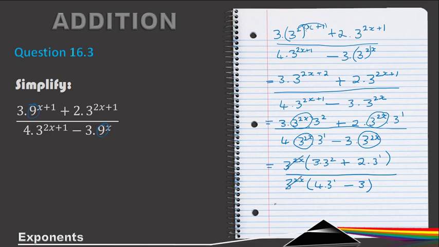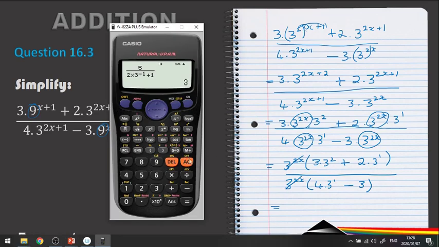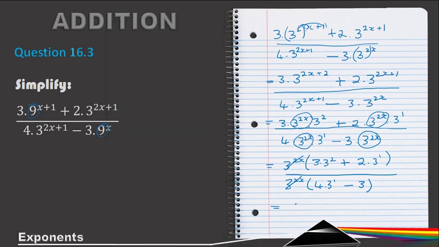So these will cancel, and we just type in what's left. We have 3 times 3 squared, which is 9, plus 2 times 3, that's 6, over 12 minus 3. So this is 11 over 3.